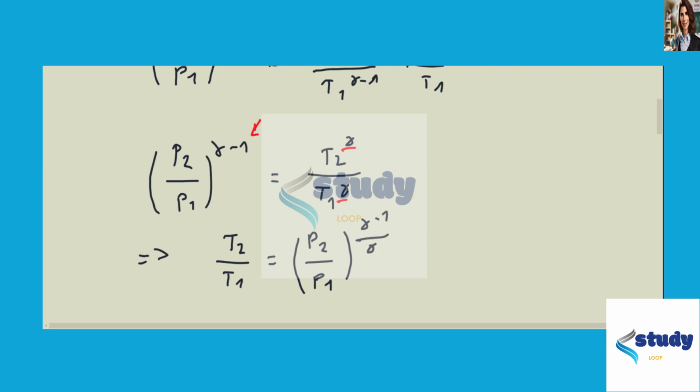When we move exponents from one side of the equation to the other, they go from the numerator to the denominator, or vice versa. So this is how we obtain this part of the exponent.